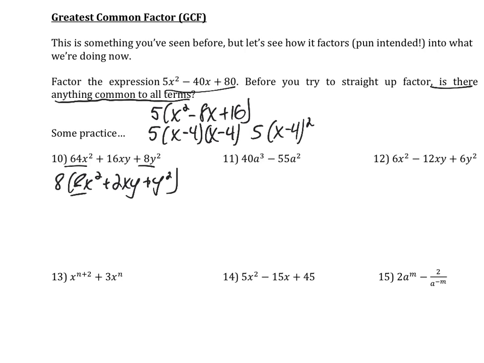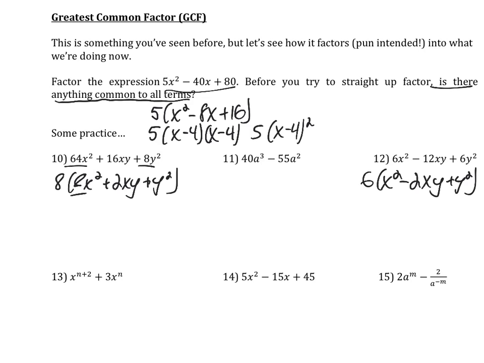Okay, let's try number 12. If we take a look at number 12, what can we factor out of each term? Well, I can factor out a 6. So this becomes 6 times (x squared minus 2xy plus y squared). The question I'm going to ask you is, does that look like a pattern that we've seen, difference of squares or perfect square trinomial?